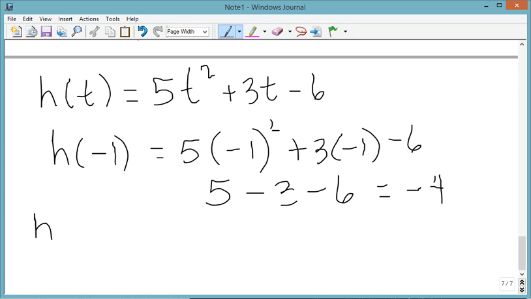Now, I can plug anything in here. I can even plug another expression in here. So instead of t, let's suppose I want x plus 1. That means everywhere there's a t, I'm going to put x plus 1.